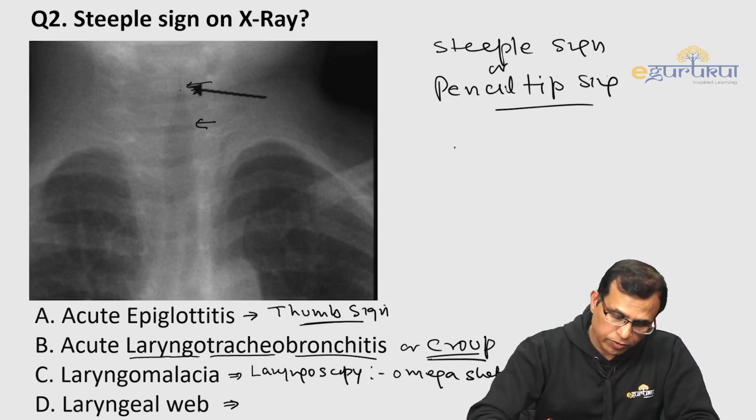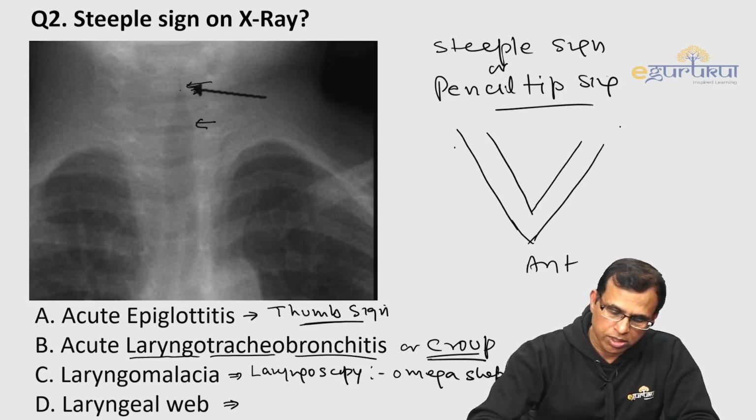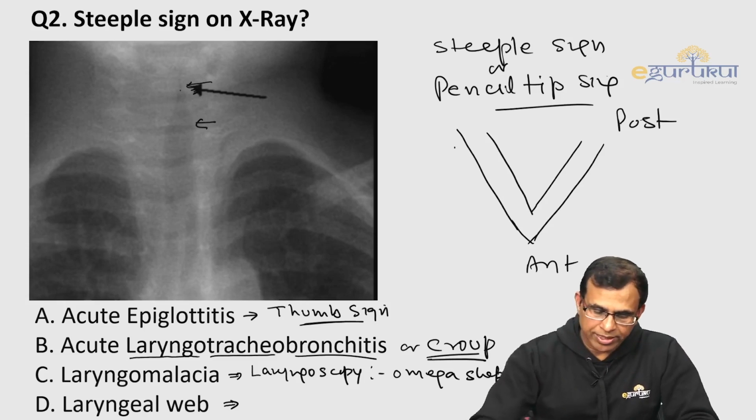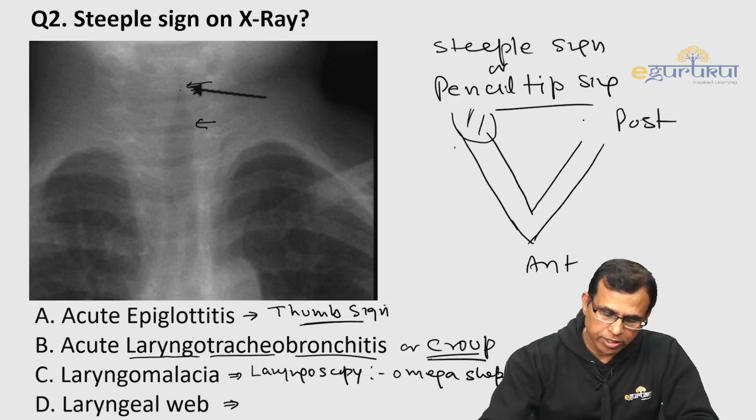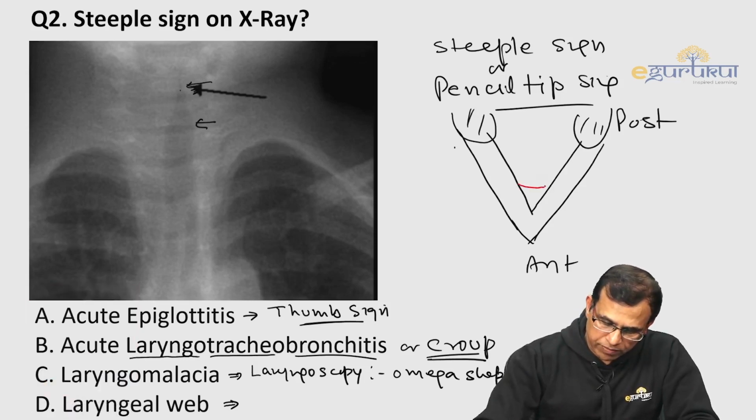So for laryngeal web, if I draw the vocal cords, the two vocal cords are like this. Suppose this is the anterior end of the vocal cord, and this is the posterior end, and the arytenoids here, let us say these are the arytenoids. The laryngeal web happens in the anterior part of the glottis. Here, this is your web, most commonly in the anterior part.